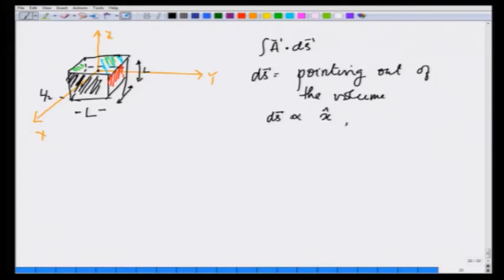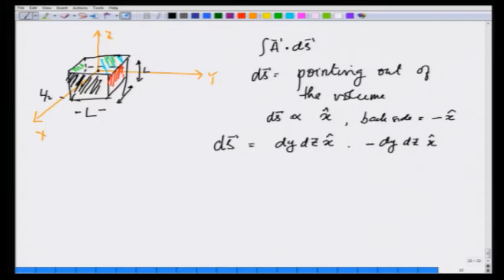On the back side it is going to be in the direction minus x. And we have already seen that in the x direction ds is dy dz x-hat, and on the back side it is going to be dy dz with a minus sign.